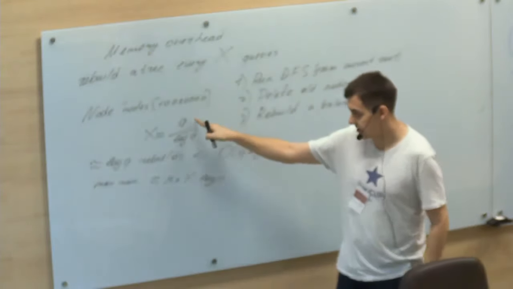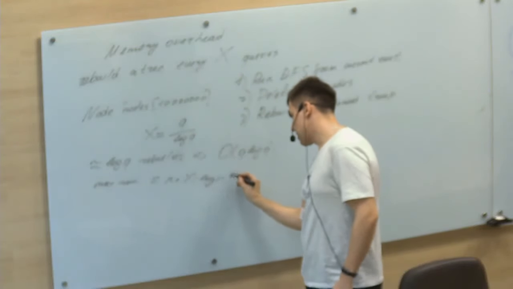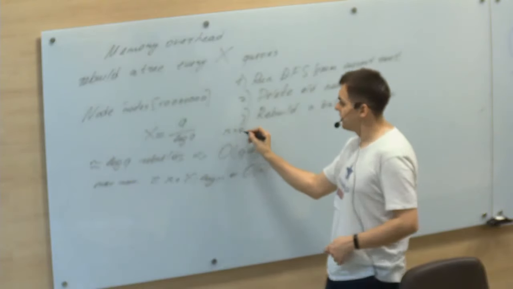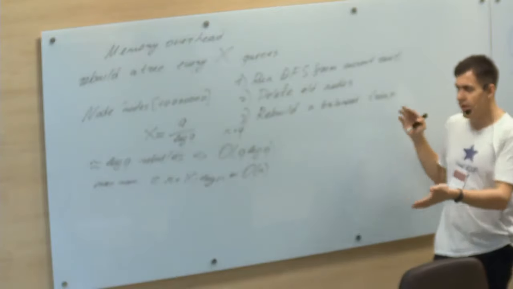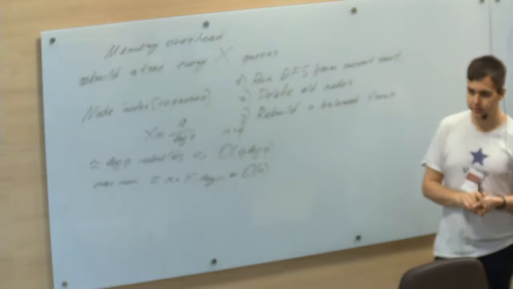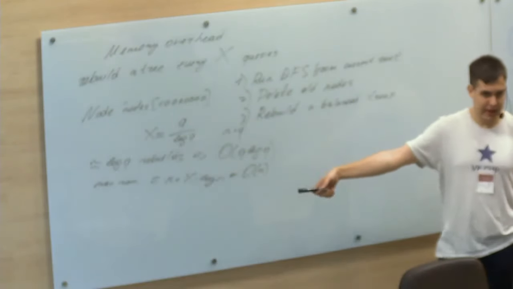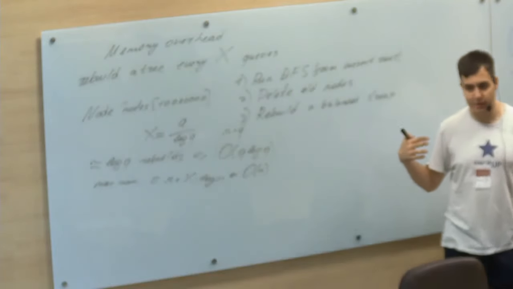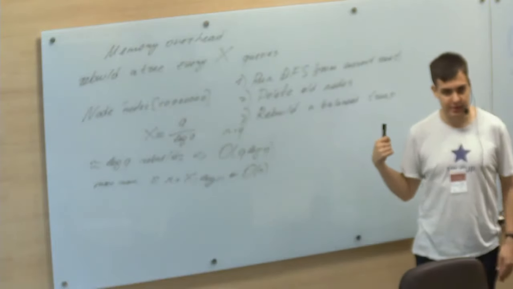And x is about q divided by log q, so it's linear. Here I use n equal to q. So I assume that the length of the array and the number of queries on this array are similar. So here, how we get linear memory, so we don't get blown up to n log n memory, and still we maintain q log q runtime.